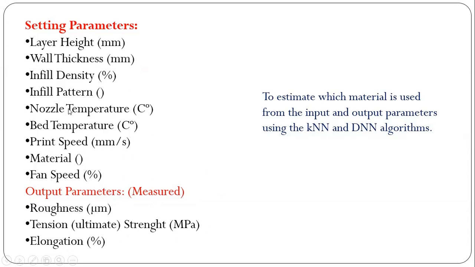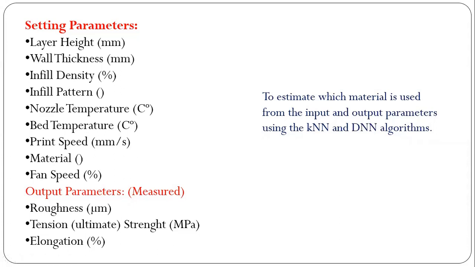So basically, the aim of this experimentation or this data set was to estimate the material which can be used based on the input and output parameters by using KNN and DNN algorithms. So we are going to use certain algorithms.